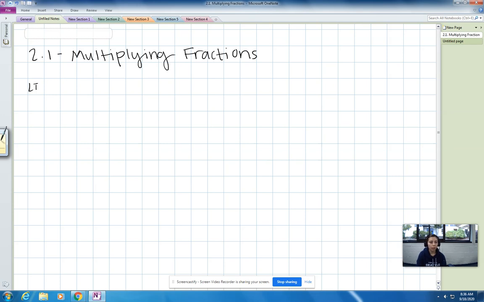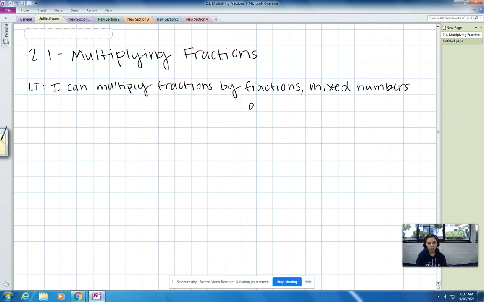And our learning target is: I can multiply fractions by fractions, mixed numbers, and/or whole numbers. So we're going to be doing a lot of different combinations today with multiplying fractions, mixed numbers, and whole numbers.